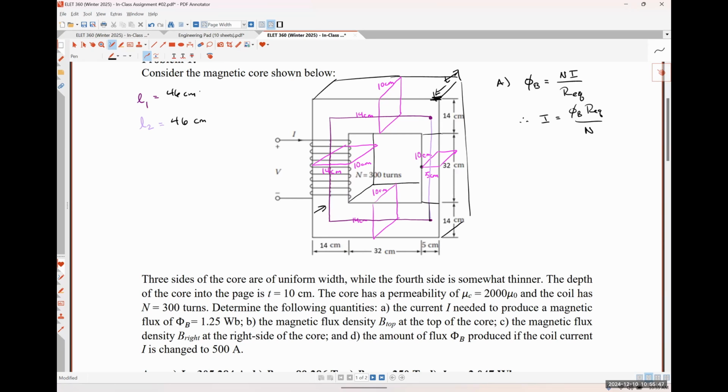And now we're just going to have whatever is going through that top portion twice because the top and the bottom has the same cross-sectional area. So what's the length of just the top part of the flux path? That would be 32 centimeters plus 2.5 plus 7. Yep. So 32 plus 7 is 39, plus another 2.5 is 41.5. All right.